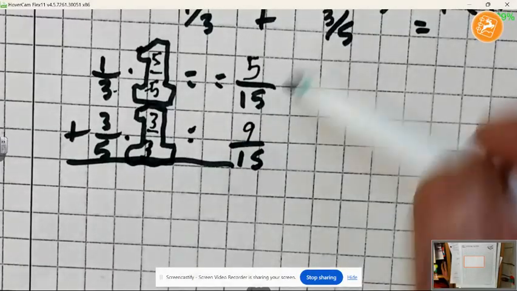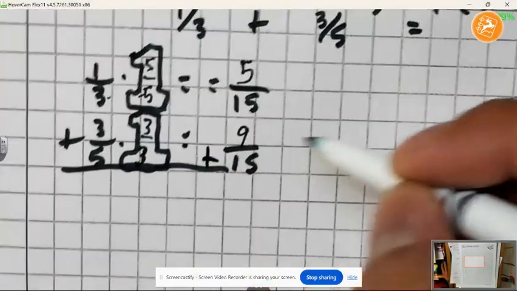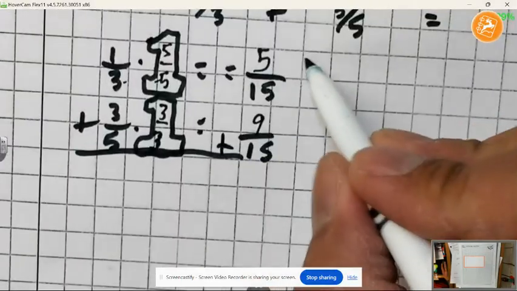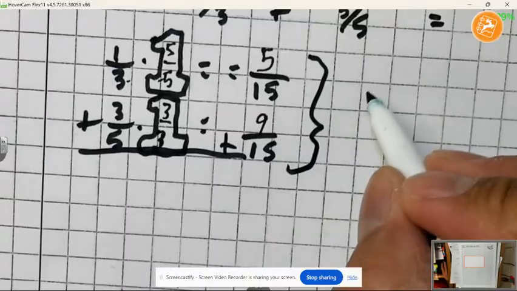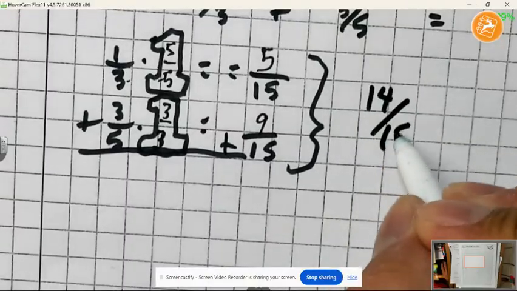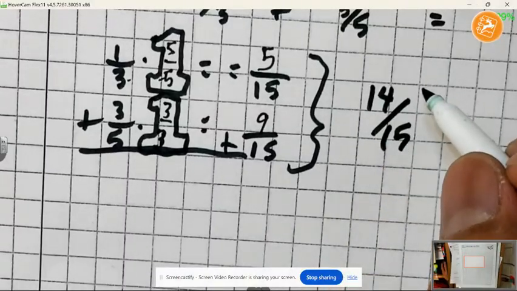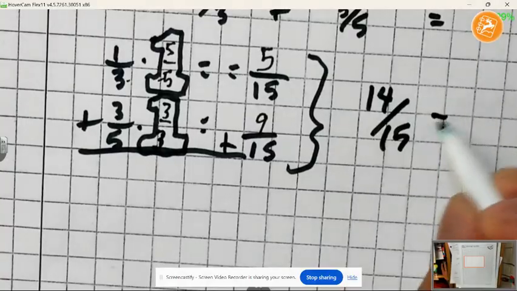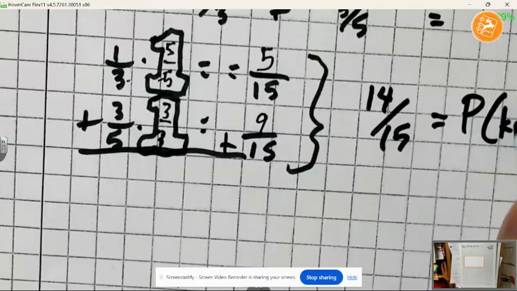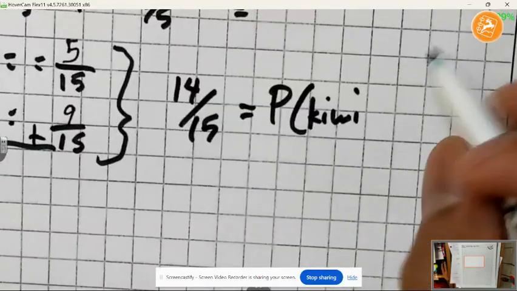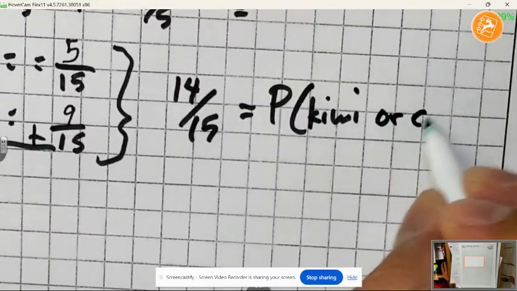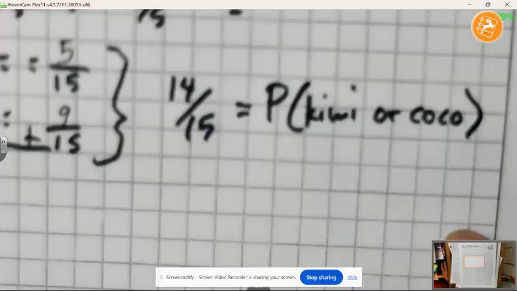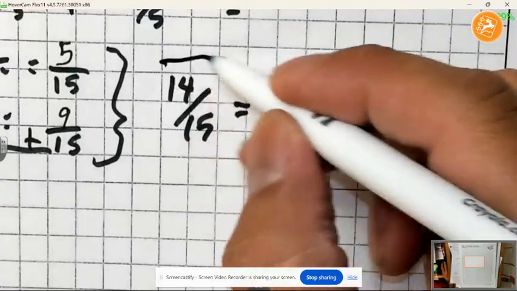So now I'm adding 5/15 plus 9/15, which will give me 14/15. Right? So that means that 14/15 is the probability of kiwi or coconut.